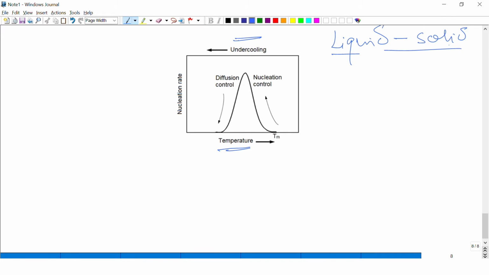But if you see it in terms of the temperature or the variation of the nucleation rate with respect to temperature, it is not constant, it actually varies. As you can see, it increases, then goes to a peak and then again comes back. Okay. Now, at this peak, at a particular undercooling, the nucleation rate is high or highest.